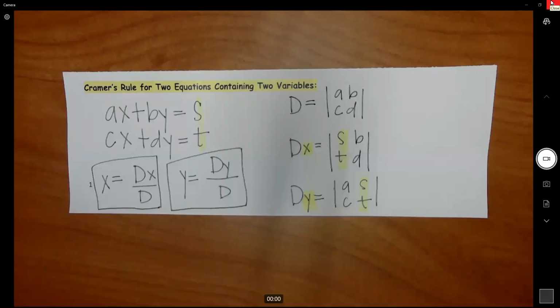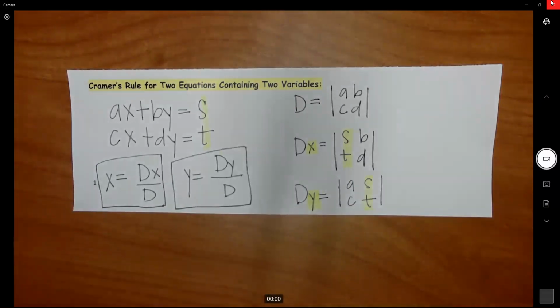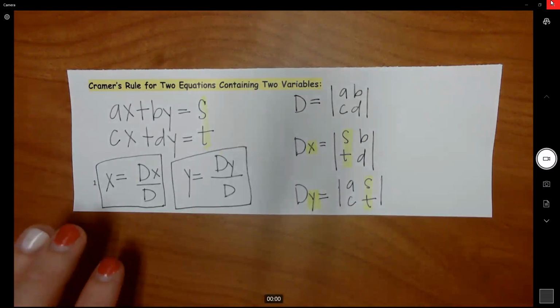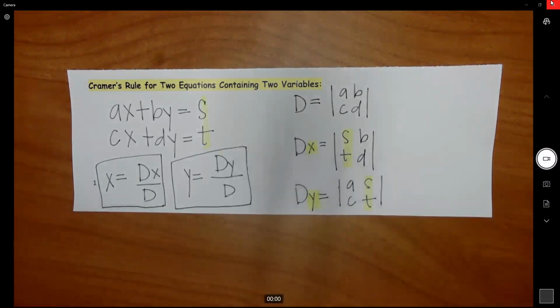In this video, we're going to learn how to solve Cramer's rule for 3 equations containing 3 variables. But I wanted to show this again because if you understand this, you're going to understand it when we go to three equations with 3 variables. It's just this on a bigger scale.